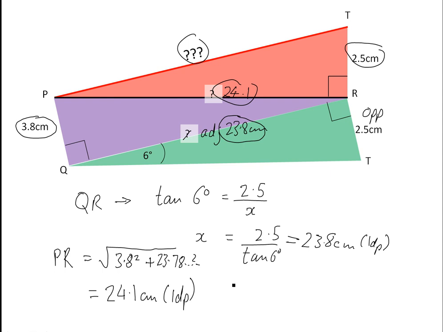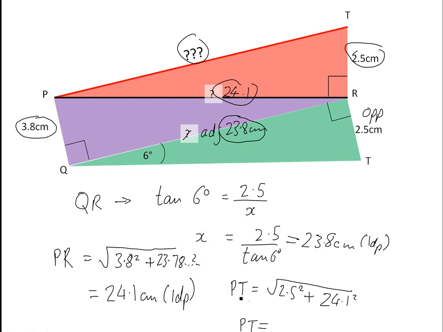So I'm also going to use Pythagoras for that. PT equals the square root of 2.5 squared, so that's this side up here, TR, plus 24.1 squared. Again, all of this on the calculator.